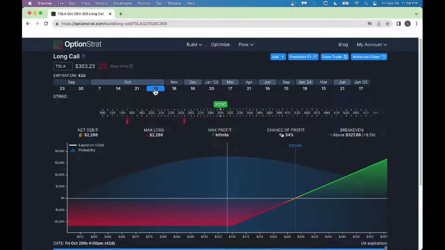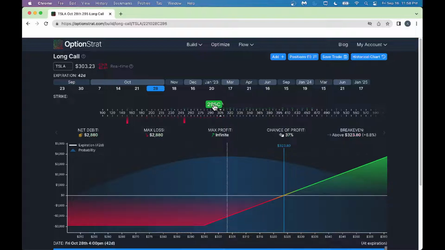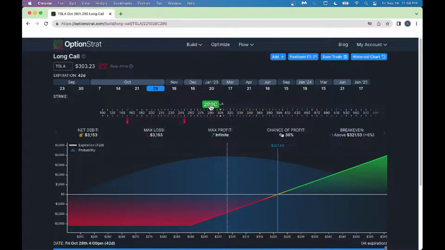That's also good enough. And from a strike perspective, I don't suggest an out of the money strike. It's good to go with an in the money strike. Look, right now it's 305. Chance of profitability is 34%. I suggest you go a little more in the money, say 295 or 290.